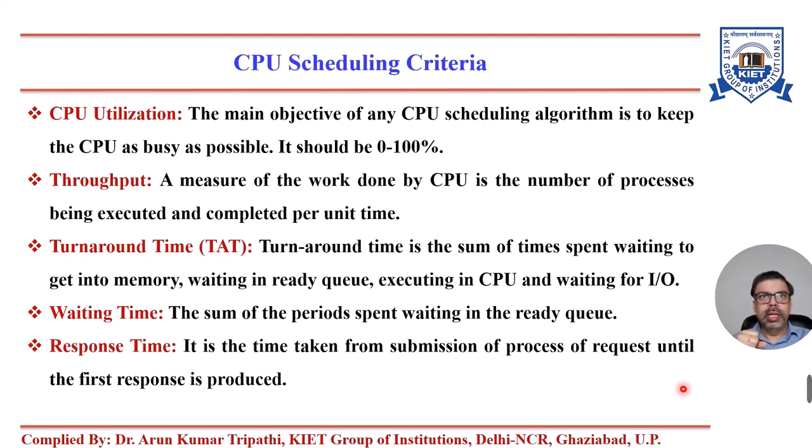Now, waiting time. When a process arrives in the ready queue, it may be possible that the processor is not assigned to it because another process is already executing, or the process requires some input output action, and that input output device may be busy serving another process. For example, a printer.